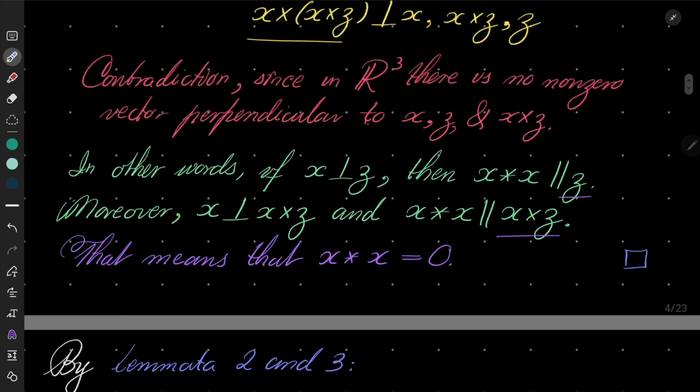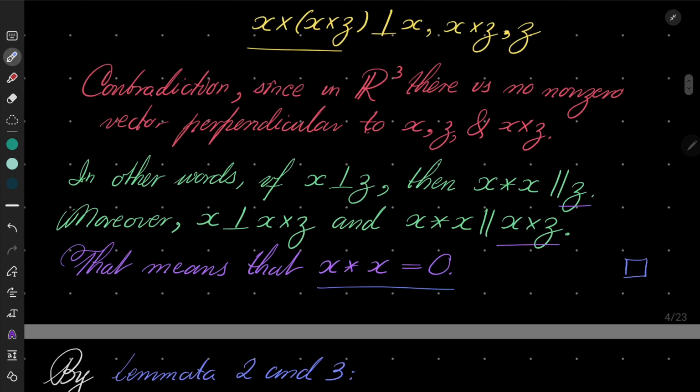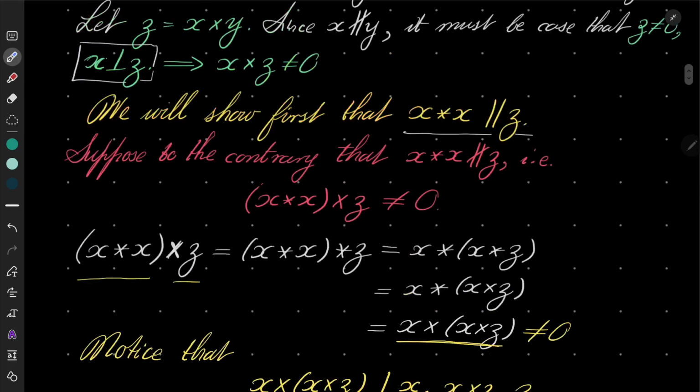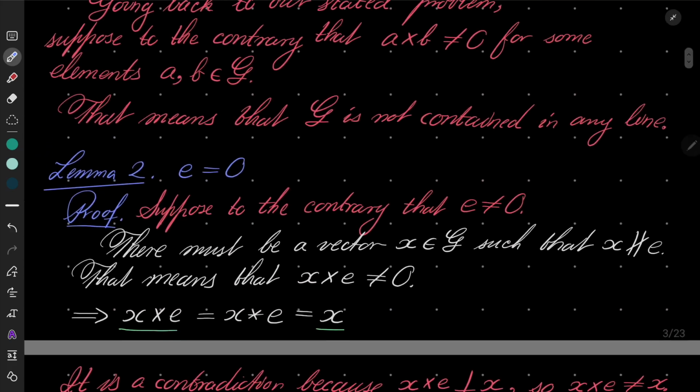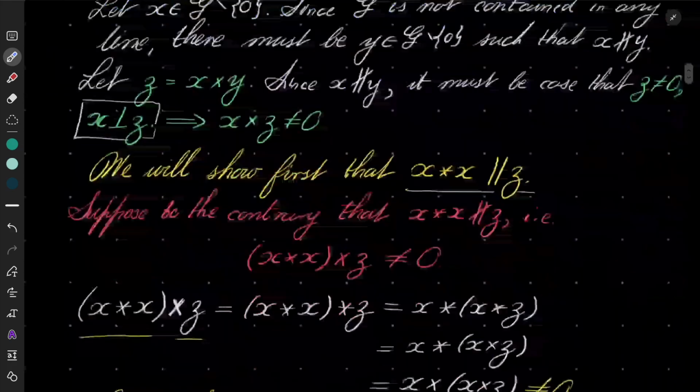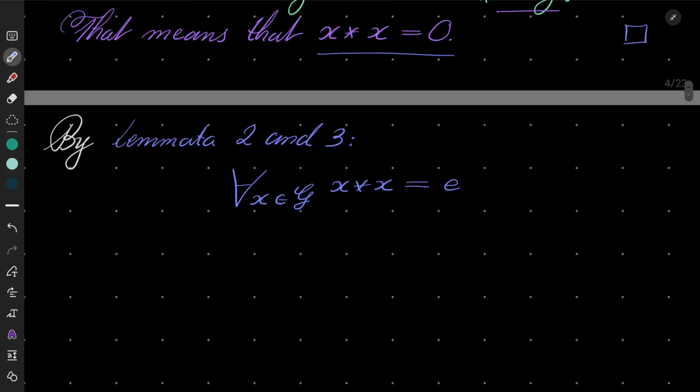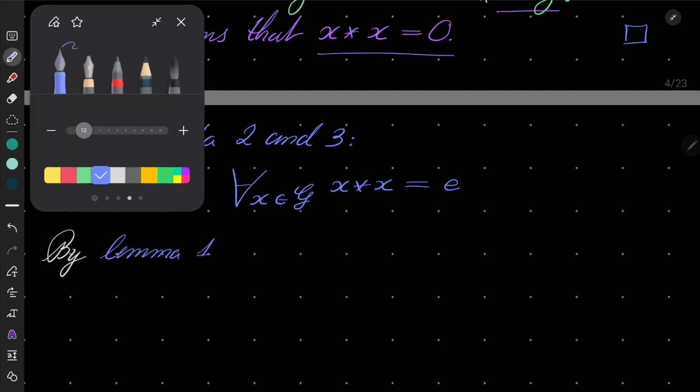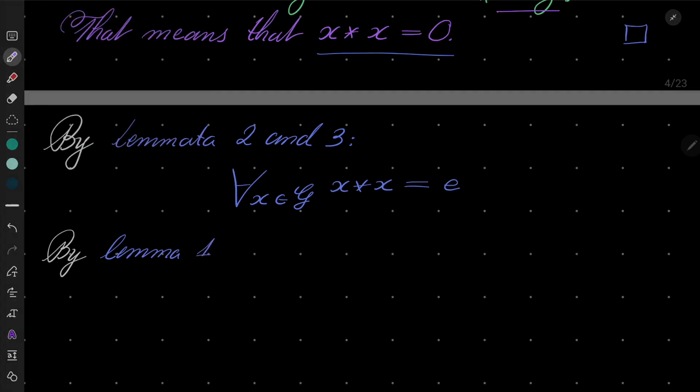Again, why is that? Because we have demonstrated in lemma 3 that x star x is 0, and in lemma 2 we have demonstrated that e is 0. And that means by lemma number 1, we know that our group G must be commutative.